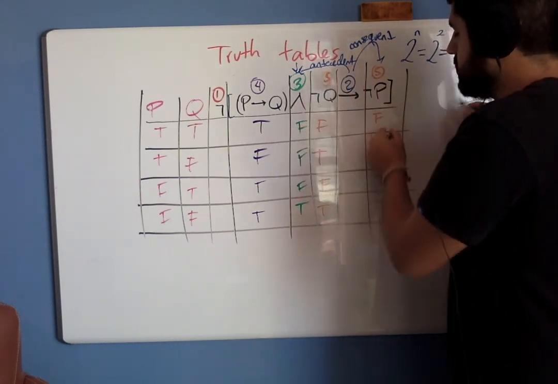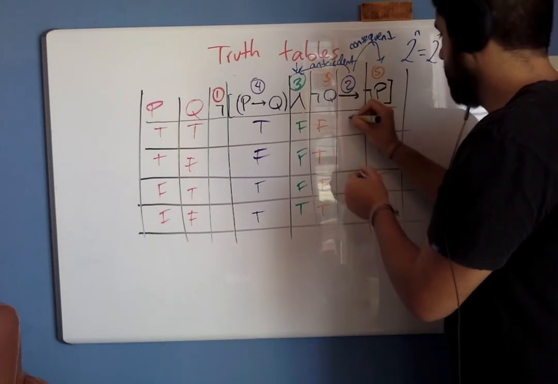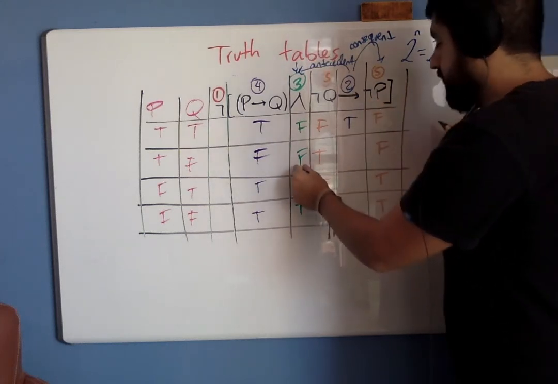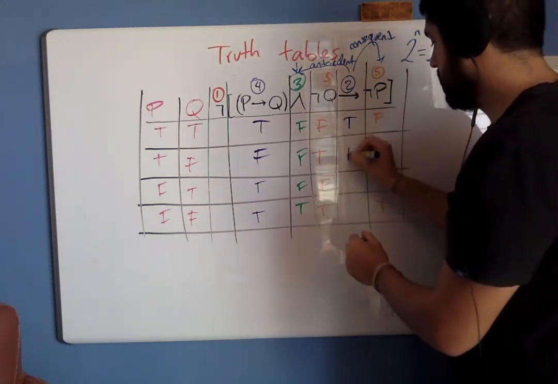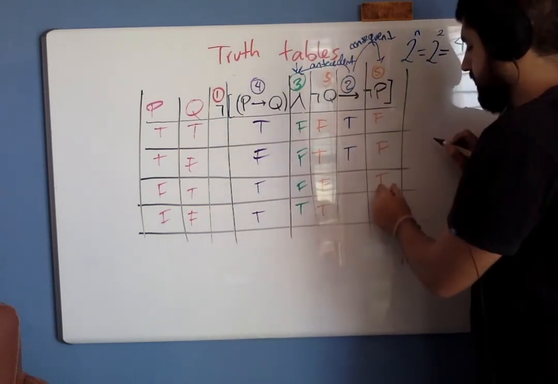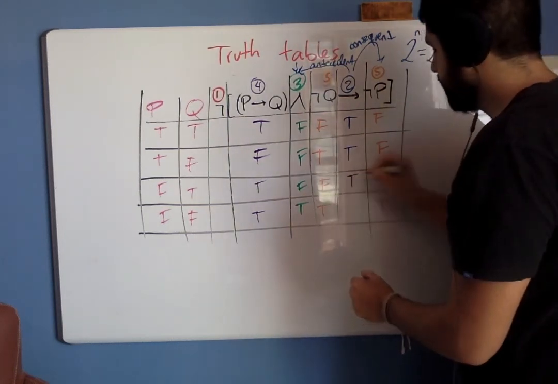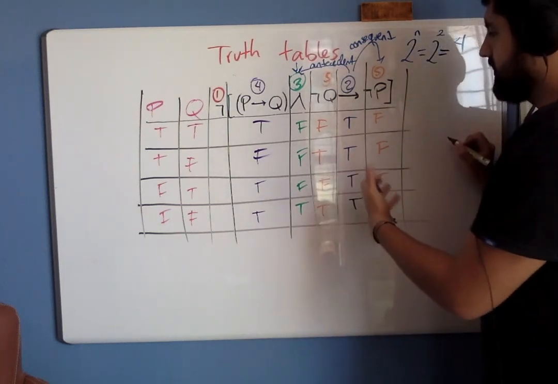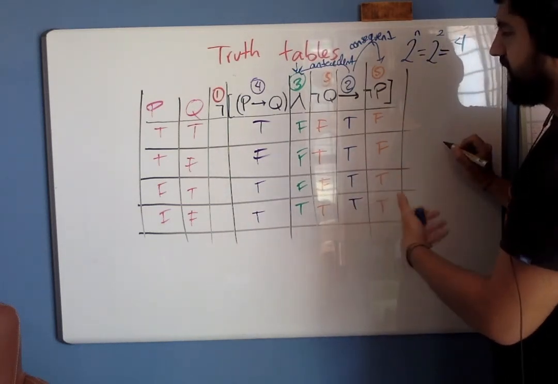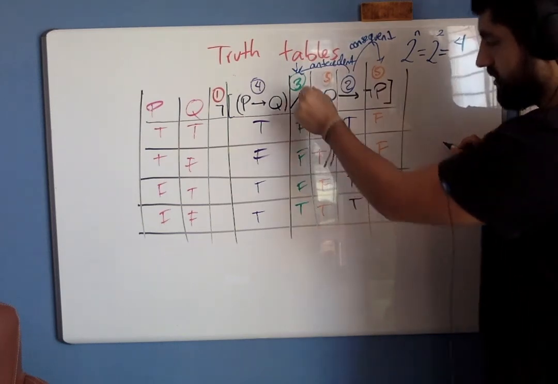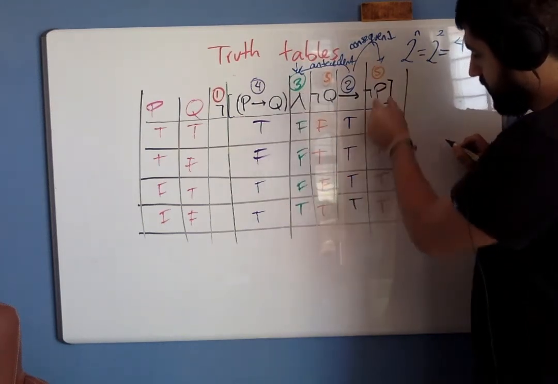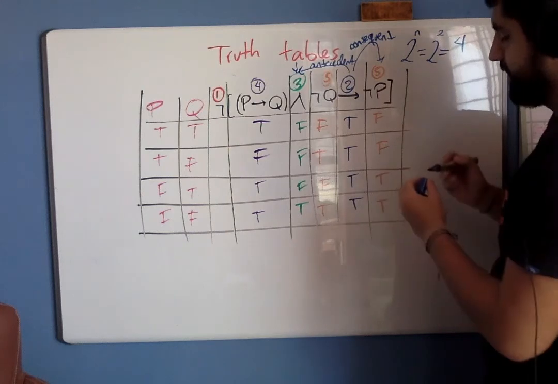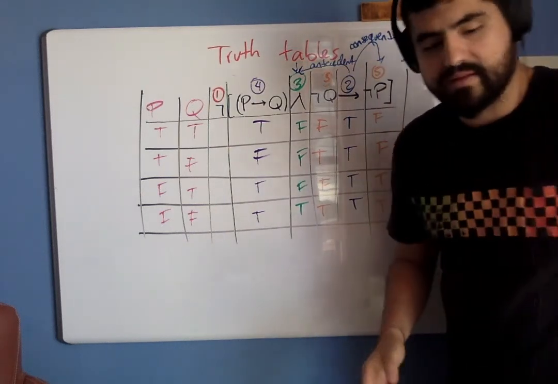So false and false, this is going to be true. False and false, this is going to be true. False and false, this is going to be true. And finally, true and true, this is going to be true. There wasn't a case in which the antecedent was true and the consequent was false. We didn't have any case of that.